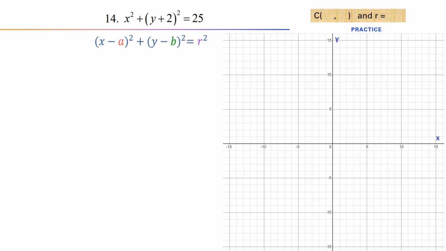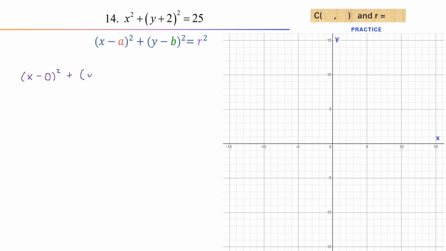So for this question, we will see a little difference because we don't see any number going with x squared. So what does that mean? It means x minus 0 squared, right? Because x minus 0 is x, so it doesn't change the x squared term.